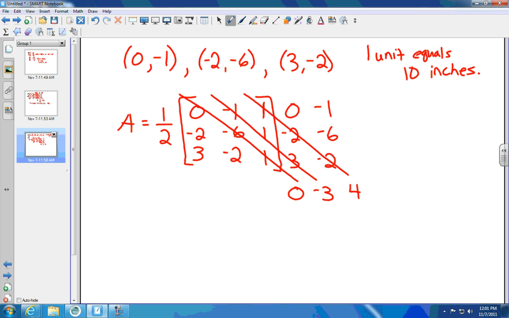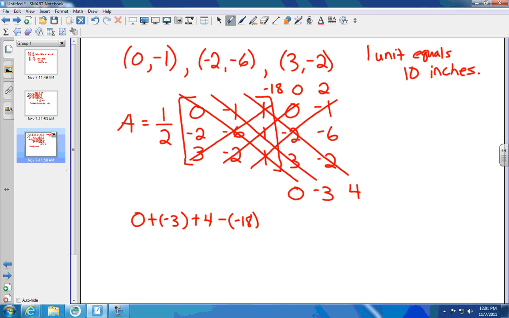Everybody get that? So we draw our diagonals the other way. -18, 0, and 2. So what do we have for our determinant?